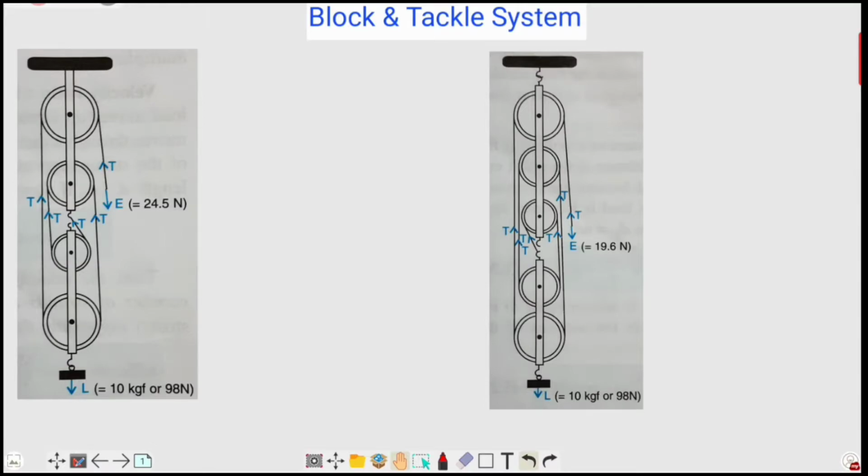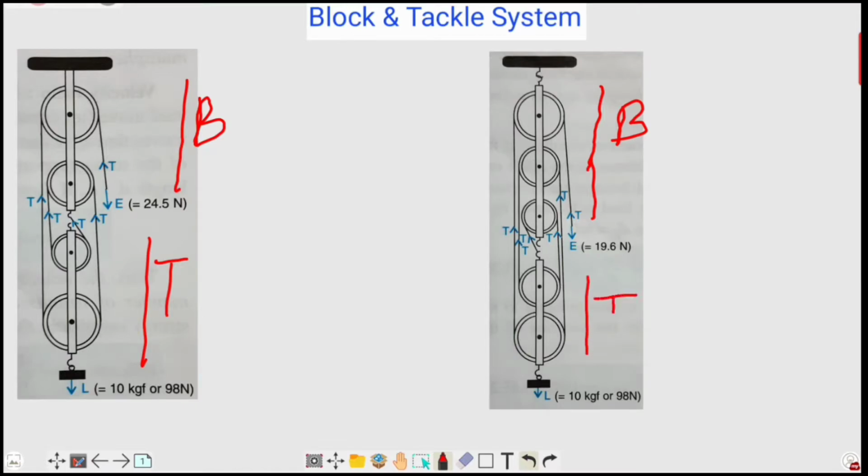Now, students, let's discuss the second type, the block and tackle system. In the block and tackle system, the upper one is considered the block and this part is the tackle. Same way here, it is the block and this part is the tackle.